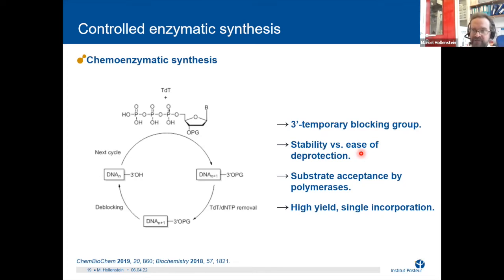And at the same time, it needs to be easily removed so that this step does not become a pitfall. Also, the protecting group cannot be too bulky, because otherwise it will not be accepted by polymerases anymore, and the single incorporation events need to be high yielding.